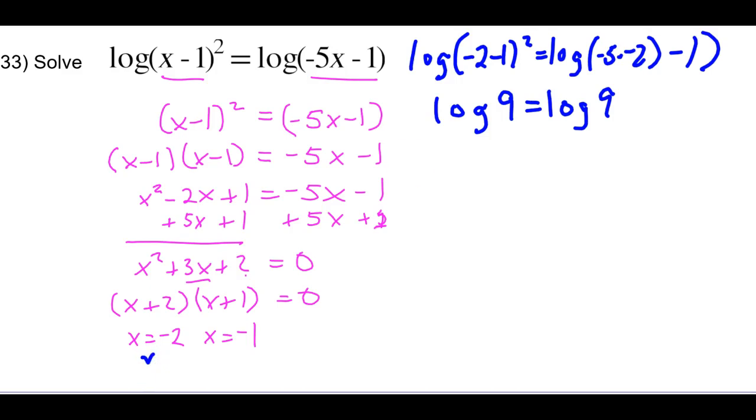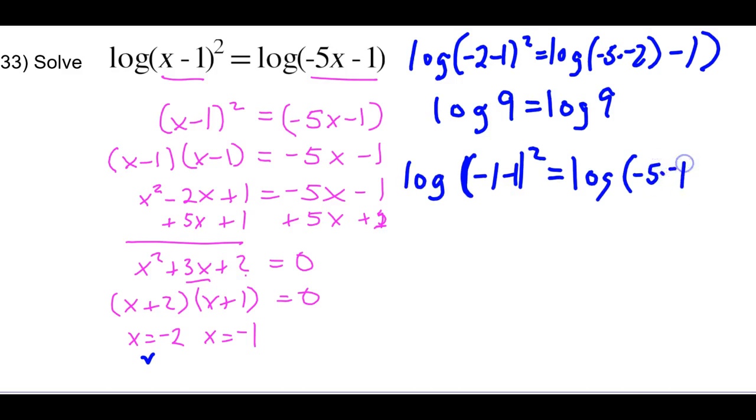Now I put in -1, the same way: the log of (-1 minus 1) squared equals the log of -5 times (-1 minus 1).